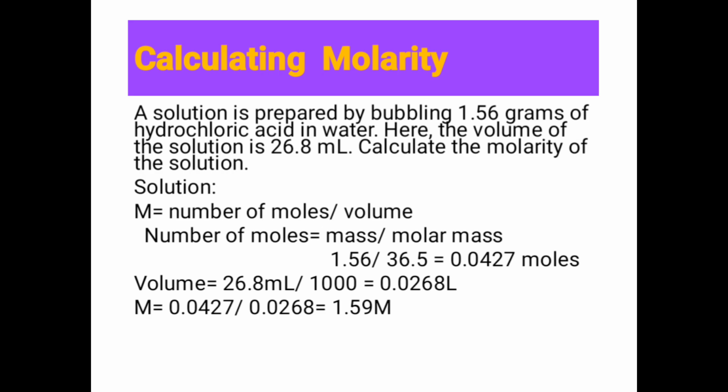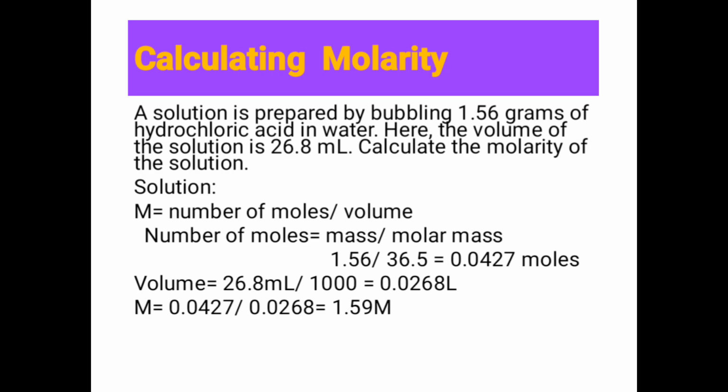Now let's take this example. The question says a solution is prepared by bubbling 1.56 gram of hydrochloric acid in water. Here the volume of the solution is 26.8 ml, that's milliliter. Calculate the molarity of the solution. In doing the calculation, don't be confused.